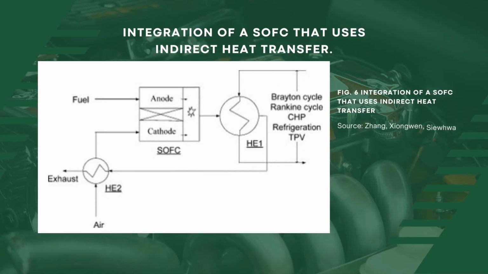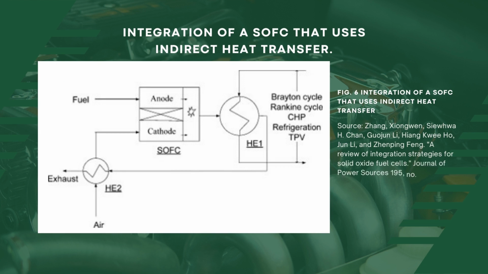Next configuration: this figure shows the integration of an SOFC that uses indirect heat transfer. In figure 6, the integration of an SOFC that uses indirect heat transfer has been shown. The source is mentioned here and this figure is published in the Journal of Power Sources.